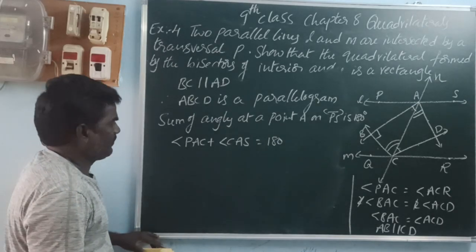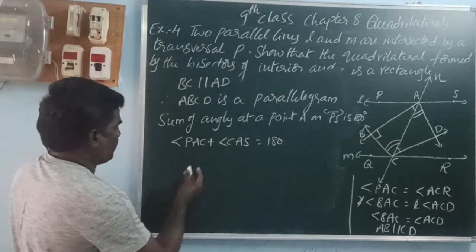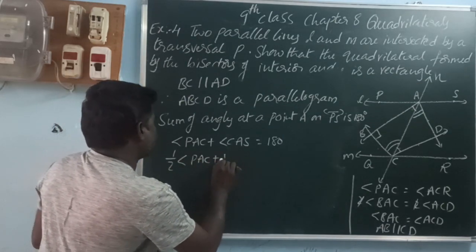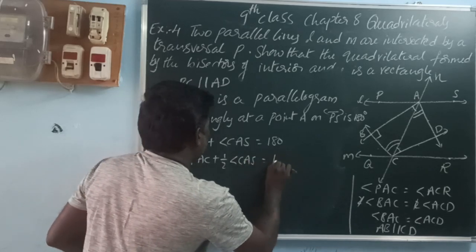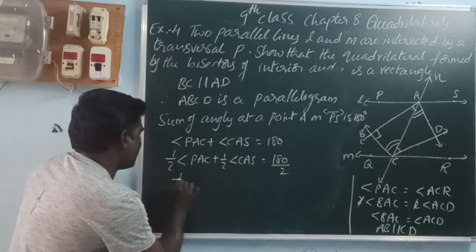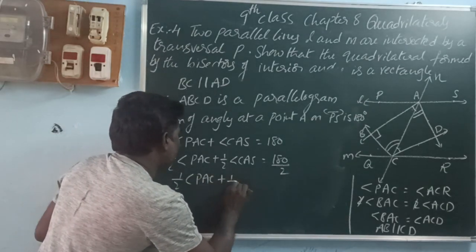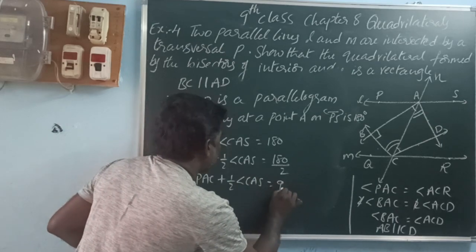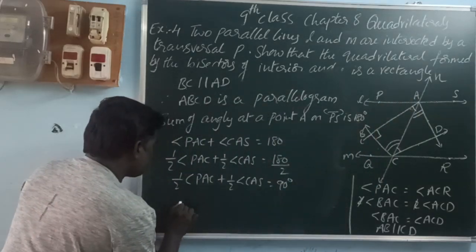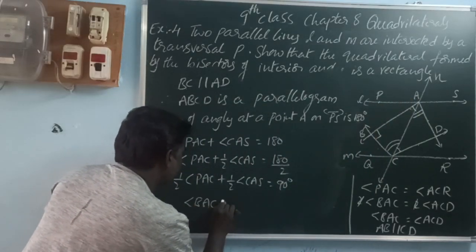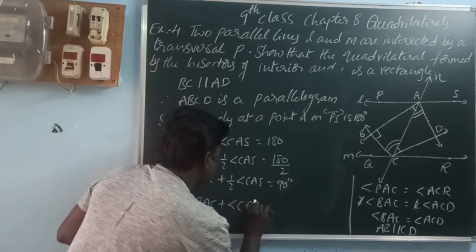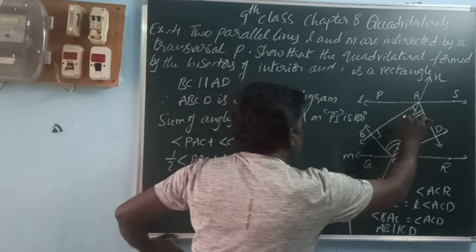Dividing both sides by 2, half of angle PAC plus half of angle CAS is equal to 90. Half of angle PAC is angle BAC, and half of angle CAS is angle CAD. So angle BAC plus angle CAD is equal to 90 degrees. That means this angle is 90.